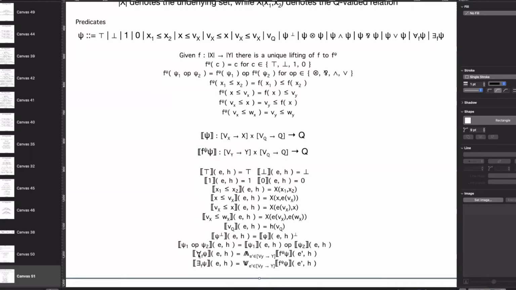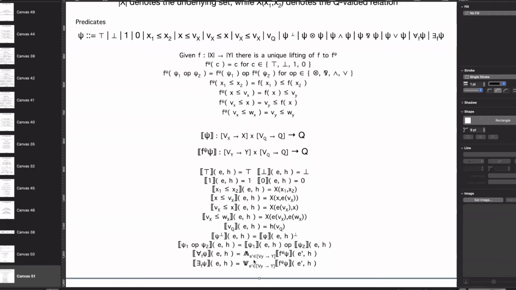So if we have a for all F psi, then I'm going to apply F psi to psi, and that carries me over into the Y Q category, and then I'm going to interpret that new formula, but I'm going to take the meet of all of the possible interpretations given all of the environments that I construct from Y variables to Y. And then for the there exists, it's a join instead of a meet.